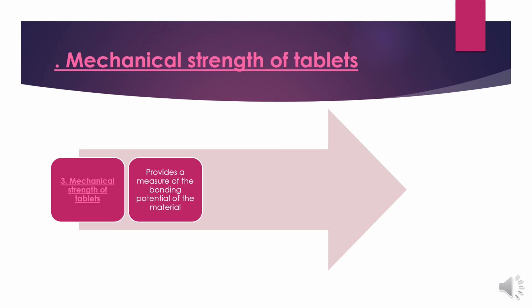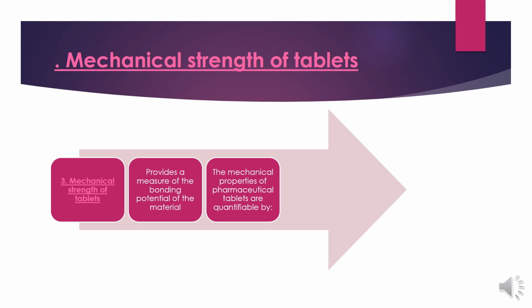So basically we are checking their strength. The mechanical properties of pharmaceutical tablets are quantifiable, which means we can check the mechanical strength or bonding potential of the material in a tablet.